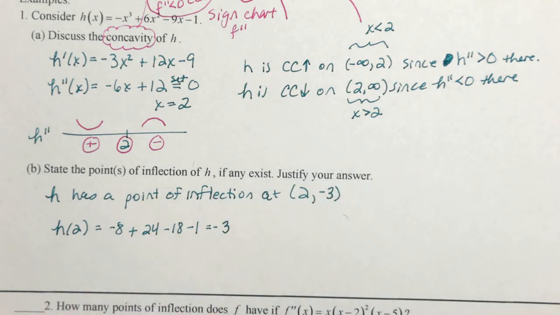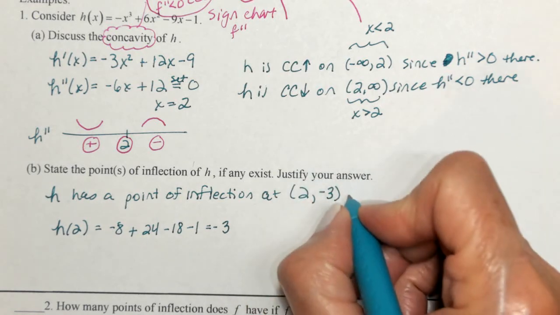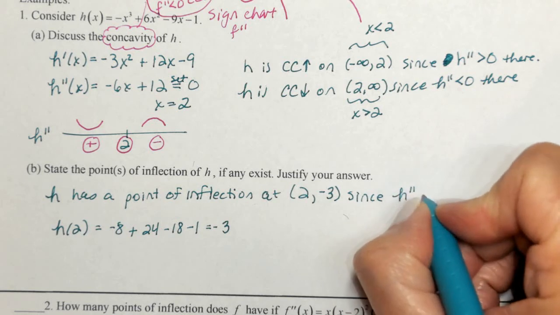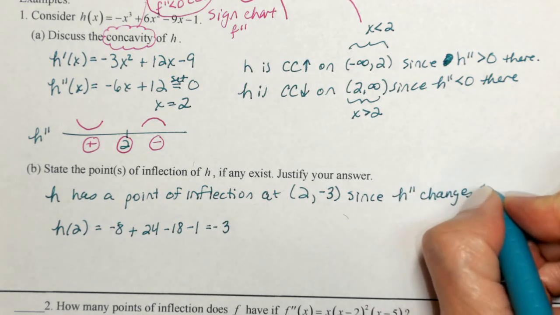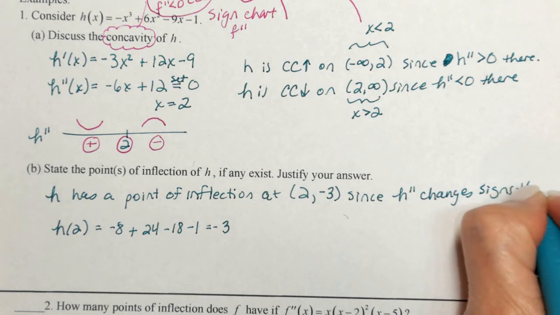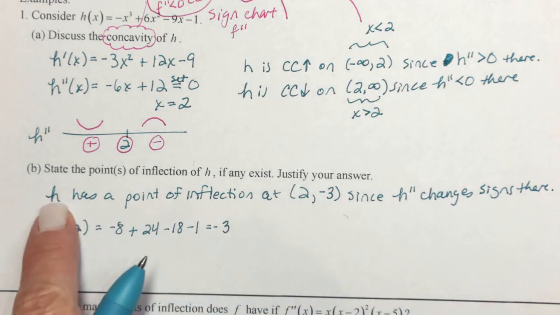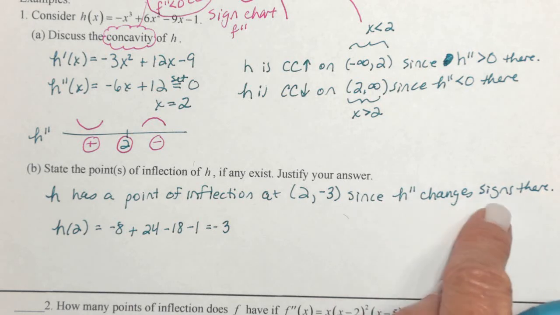H has a point of inflection at 2, negative 3. We need to justify our answer, so I'm going to say since H double prime changes signs there. That will always be my justification for a point of inflection. Whatever function you're talking about, its second derivative changes signs there.